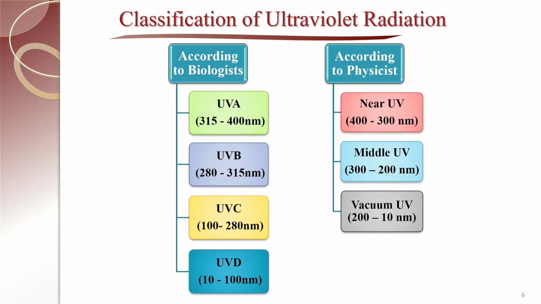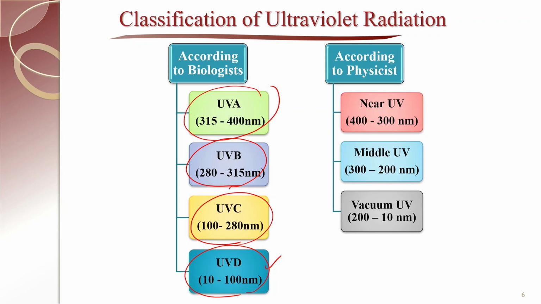Now, according to the biologist, as I have mentioned, UVA is a long wavelength, UVB has a shorter wavelength than UVA, UVC has a much shorter wavelength, and UVD is typically very short wavelength, 10 to 100 nanometer.